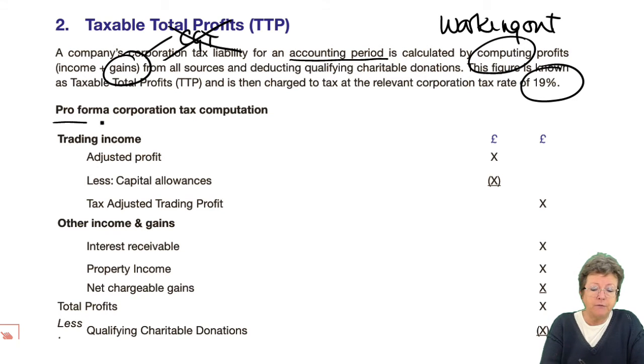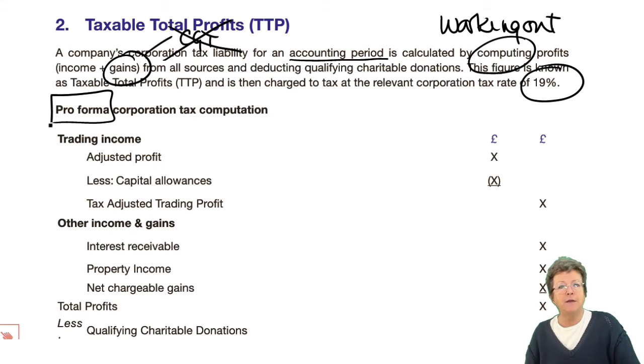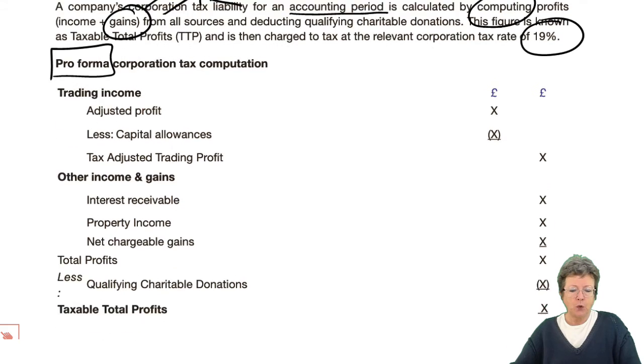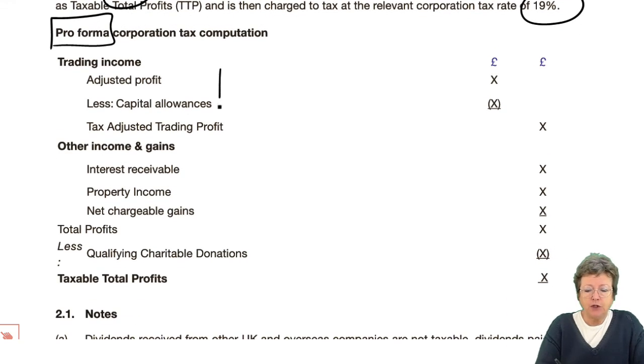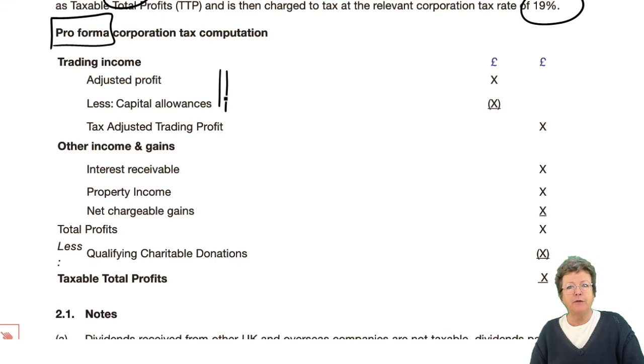So we have a lovely pro forma here. I'm getting to like these pro formas. This is what the model answer will look like in front of the marker of your exam. Please make sure that yours looks like this. Okay, so we have trading income, adjusted profits and capital allowances.